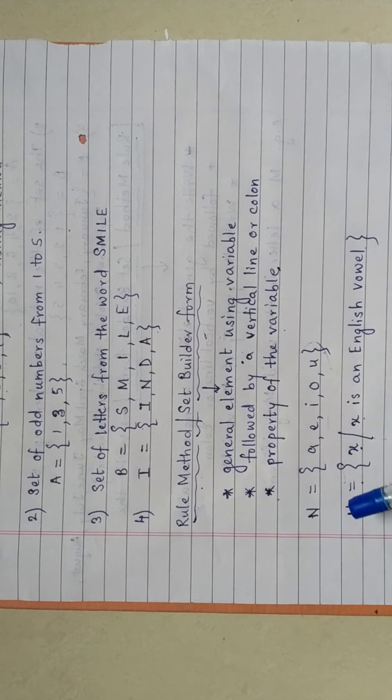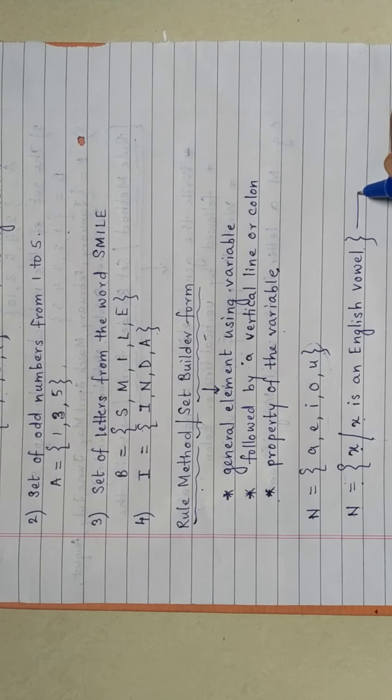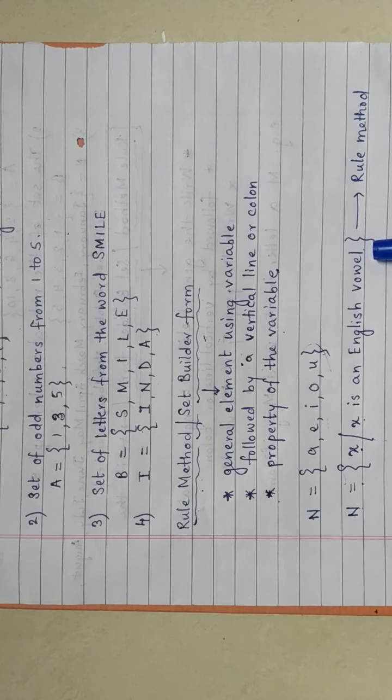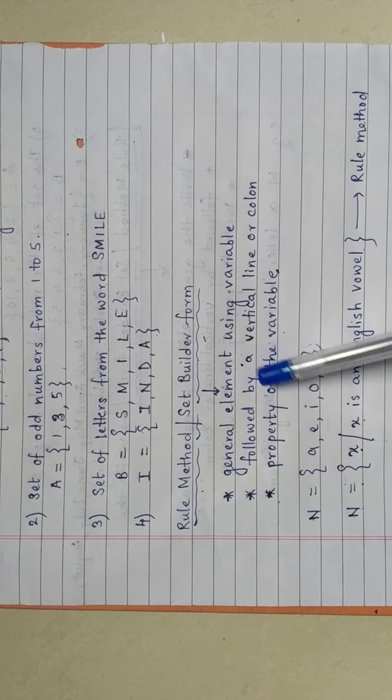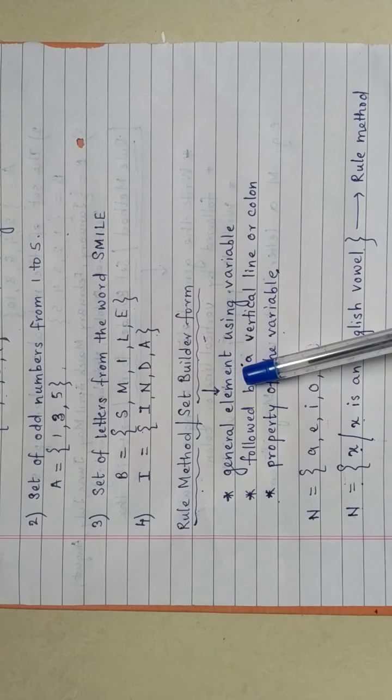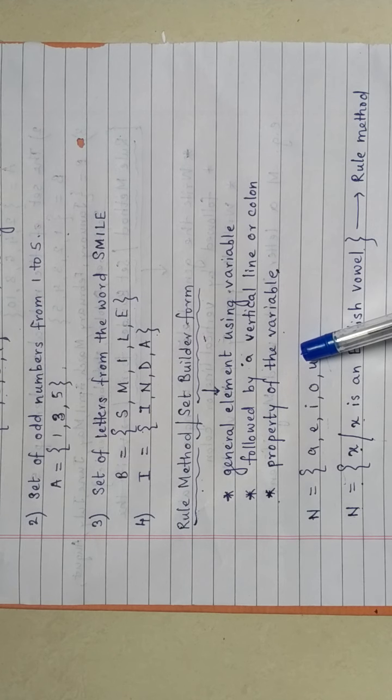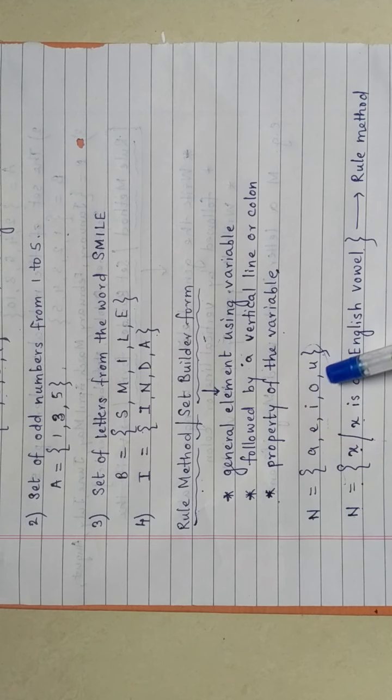So when we write this set by the rule method, we write the rule here. All the elements of this set N are English vowels.